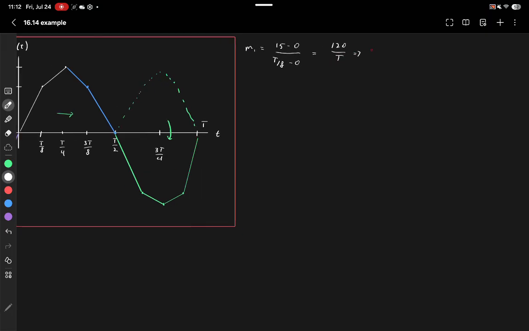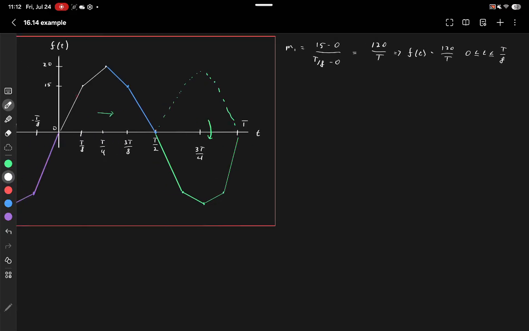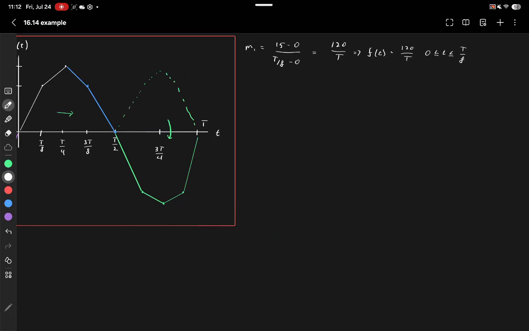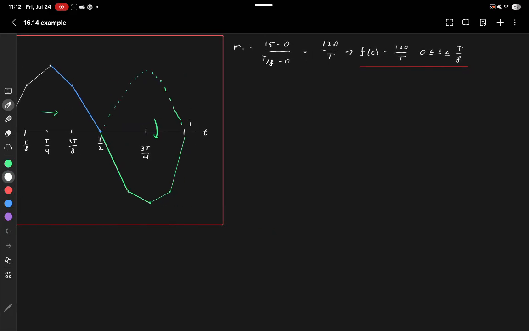And then we can say our function of t will equal 120 over big T from 0 to T over 8. Because, right, we're describing this from here to here. Boom, bam. We've got that. Make sure we remember that.